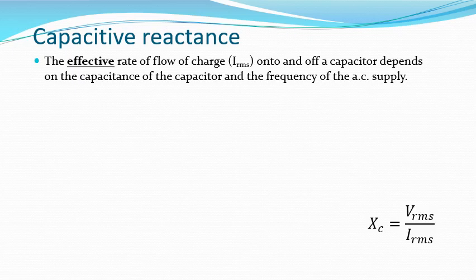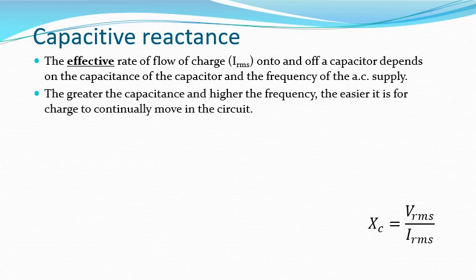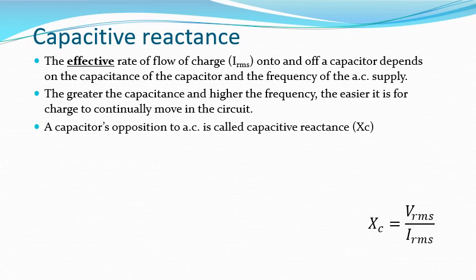Okay, so the effective rate of flow of charge onto and off a capacitor depends on the capacitance of the capacitor and the frequency of the supply. The greater the capacitance, the higher the frequency, the easier it is for charge to continually flow around the circuit. A capacitor's opposition to the flow of an alternating current is called its capacitive reactance, XC.